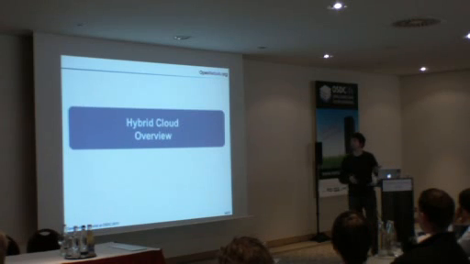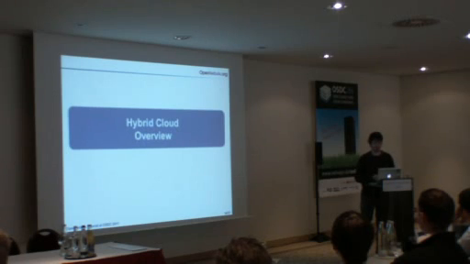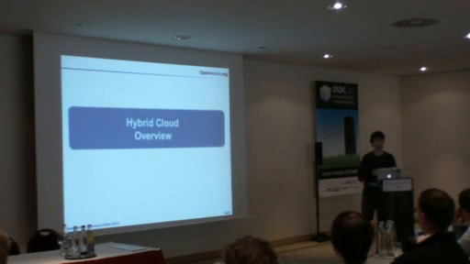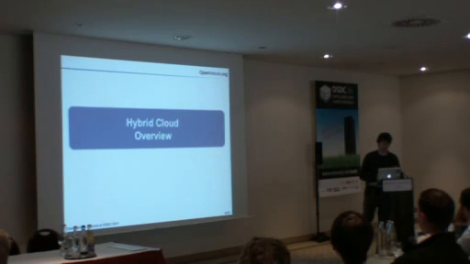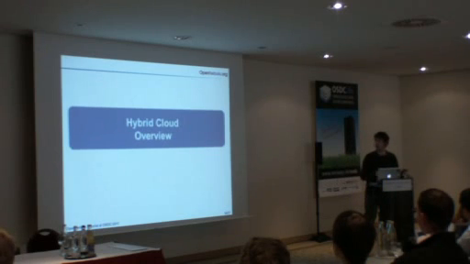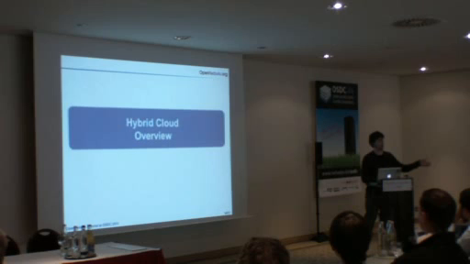Some use cases we developed to show how this hybrid cloud can be used include the one we did with Sun Grid Engine. Well, sorry, it's Oracle Grid Engine now. The use case was that you have your local infrastructure running OpenNebula with a virtualized Sun Grid Engine on top.